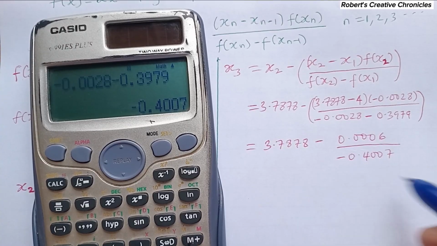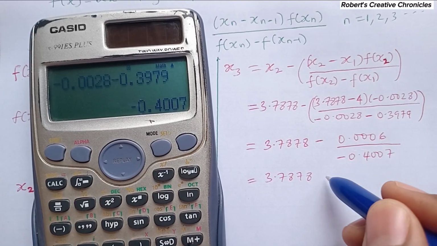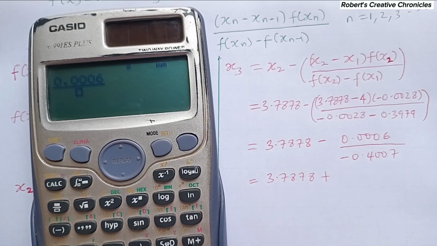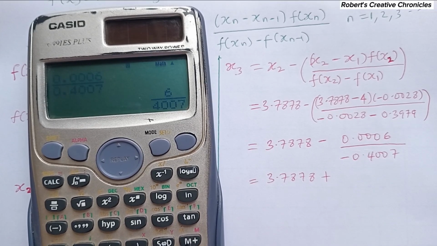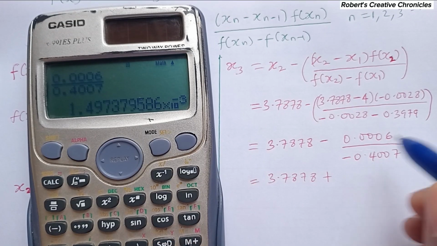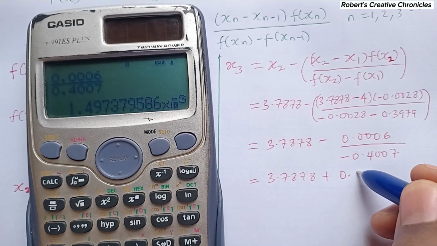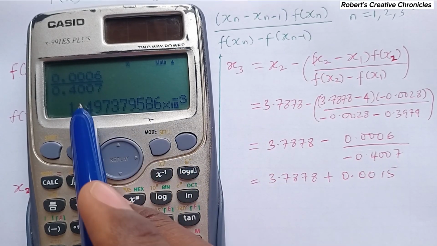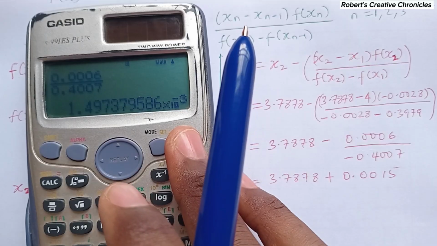This negative times negative will become plus. So this will be 3.7878 plus, this will be what? 0.0015, since this will move 3 decimal places back, so there will be 2 decimals before 1 4, which is approximately 15.